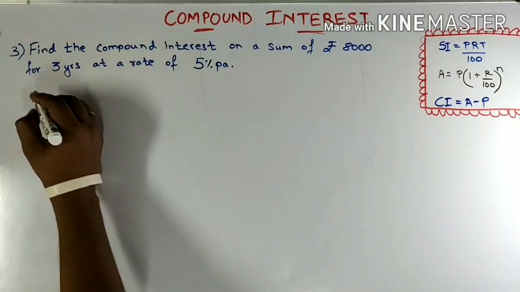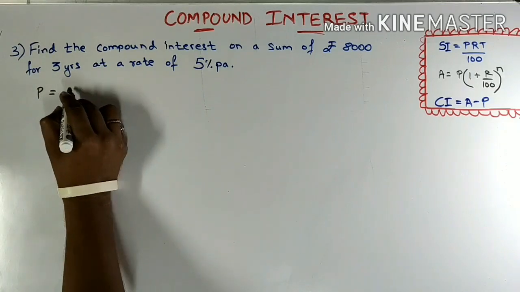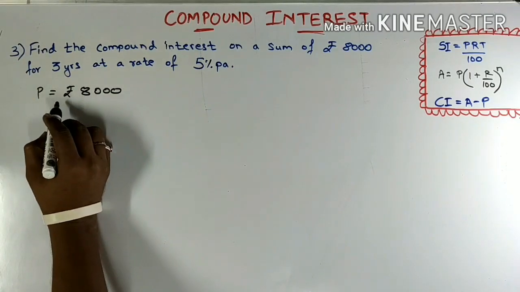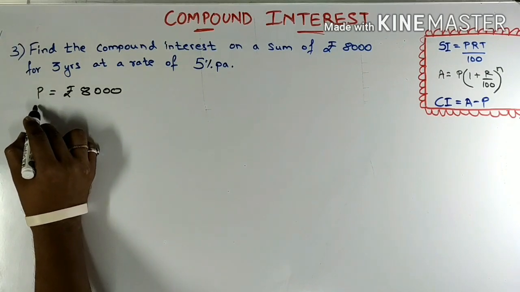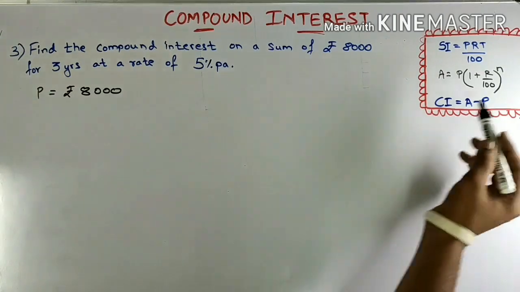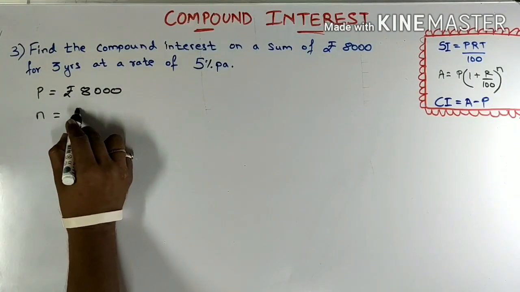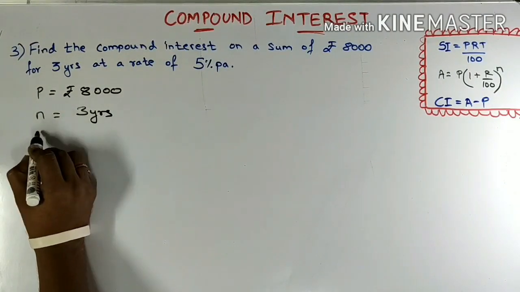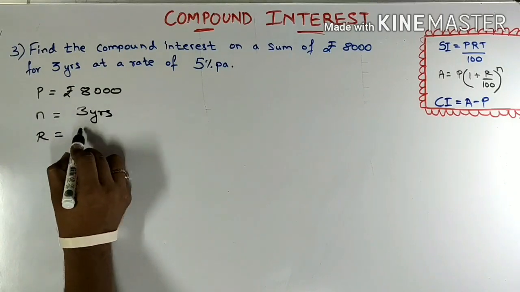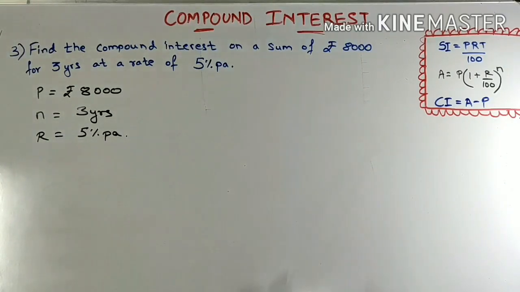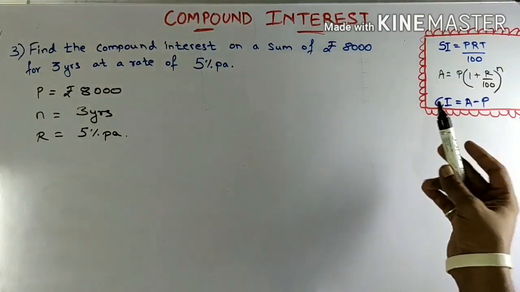My principal becomes rupees 8,000. My tenure, that is time period, which is denoted by n in this, becomes 3 years, and my rate of interest R is 5% per annum. So we don't have a direct method to find compound interest.